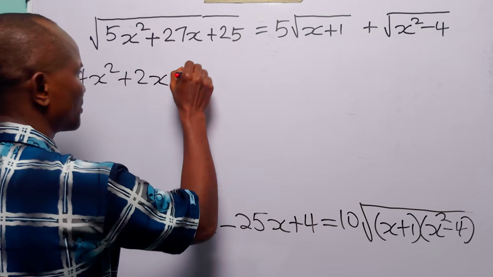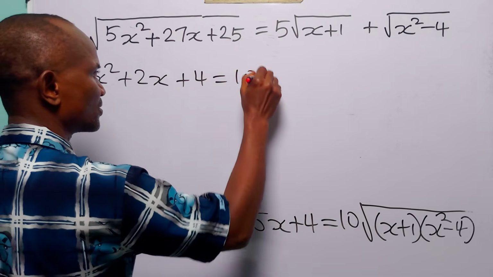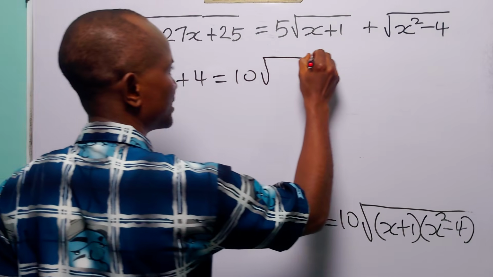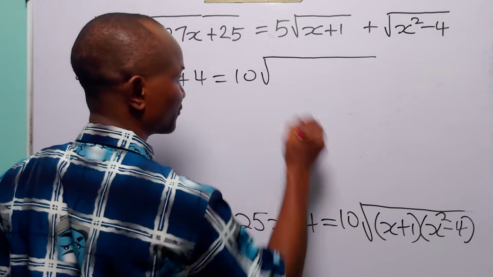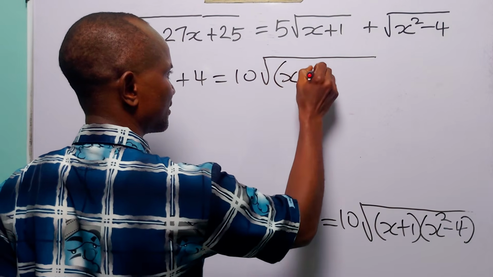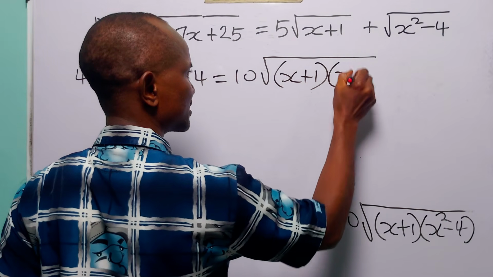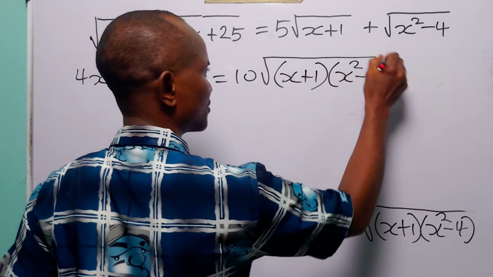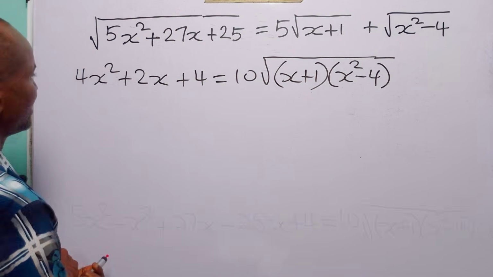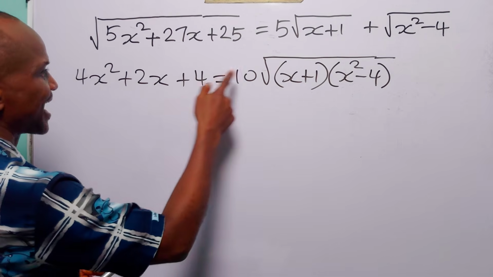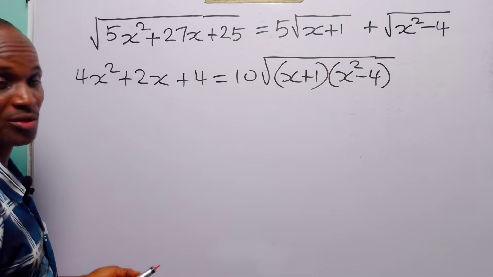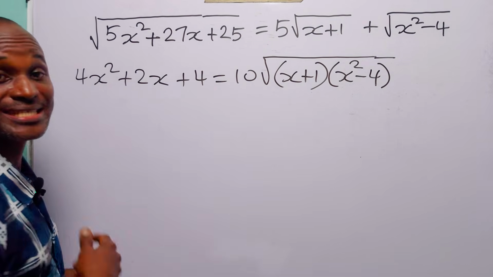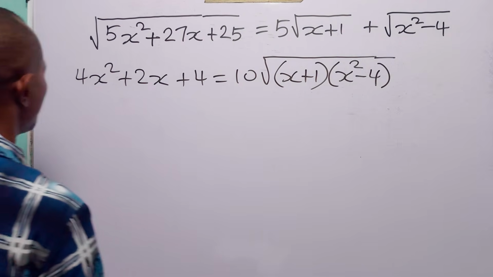Then we have plus 4, and this is equal to 10 times the square root of x plus 1 times x squared minus 4. Now notice that these terms are all multiples of 2. So we can divide through this equation by 2.